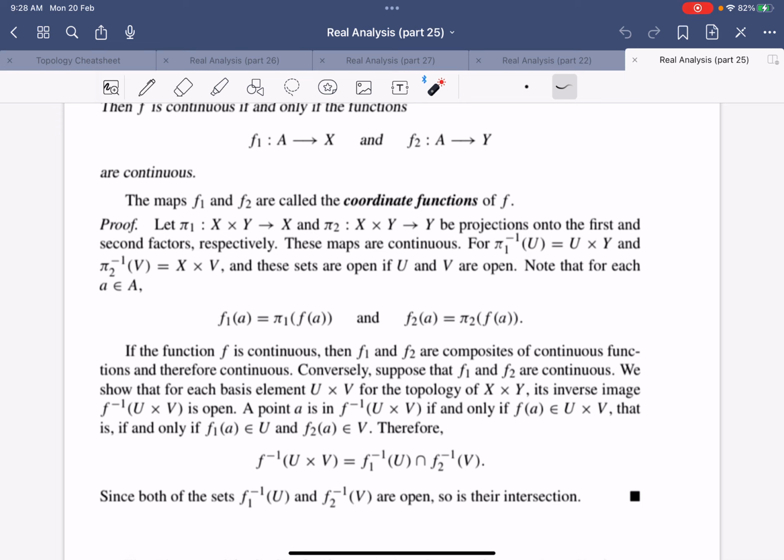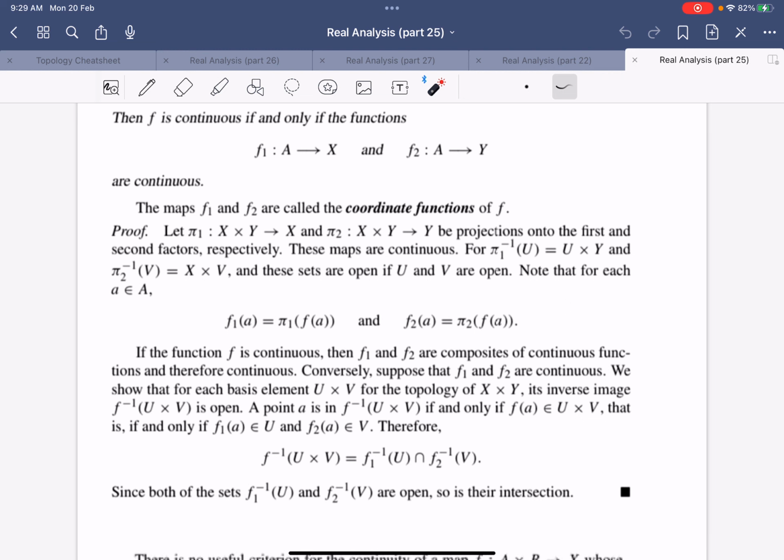So we know that if F is continuous, then F1 and F2 being composites of continuous maps, because F1 is pi1 of F(a), will therefore be continuous. And so that proves one direction. Conversely, suppose that F1 and F2 are continuous, then we shall show that for the basis element U cross V for the topology of X cross Y, its inverse image is also open.